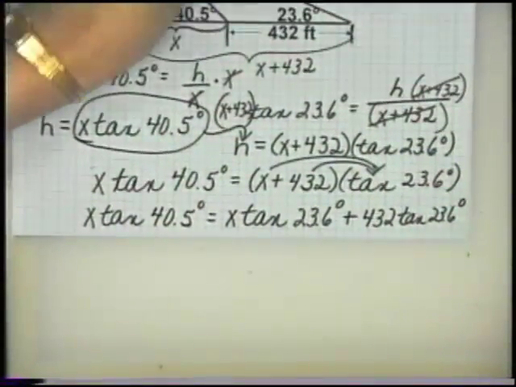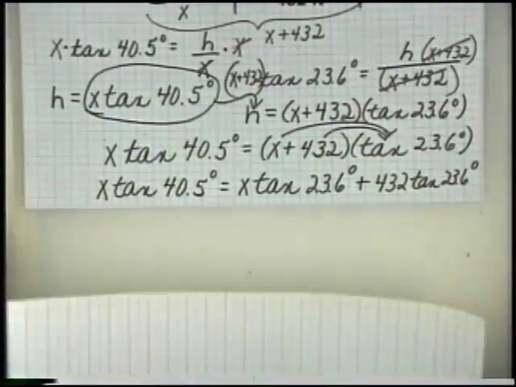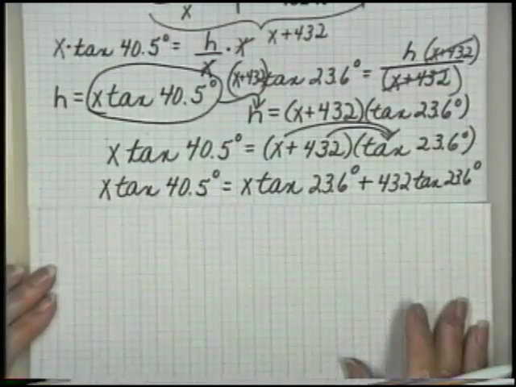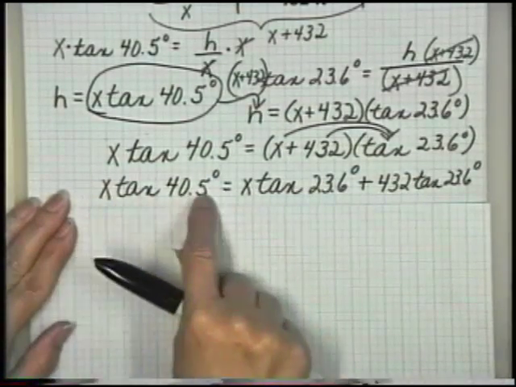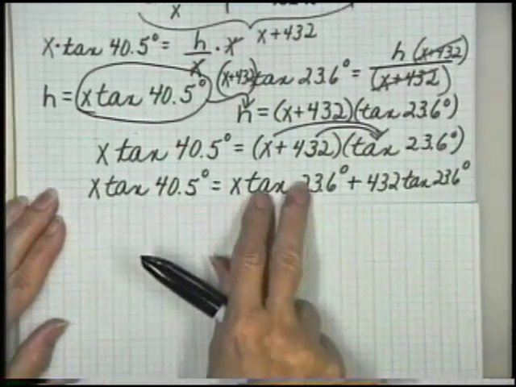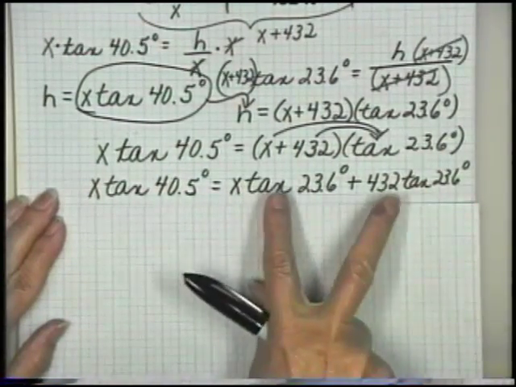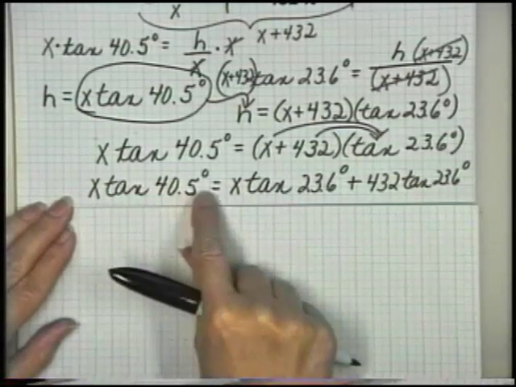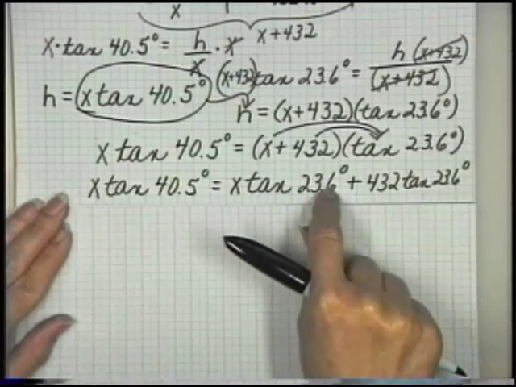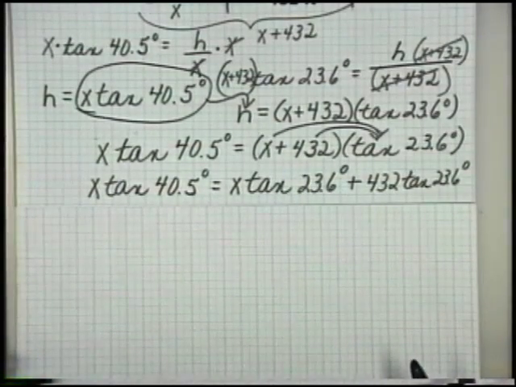Well, my first question to you is, how many terms do I have on this side of the equation? That's just one term, isn't it? And how many terms do I have on this side? That's 2 terms. Well, the next thing that's important for you to notice is which of those terms are x terms. Well, this term has an x and that term has an x.